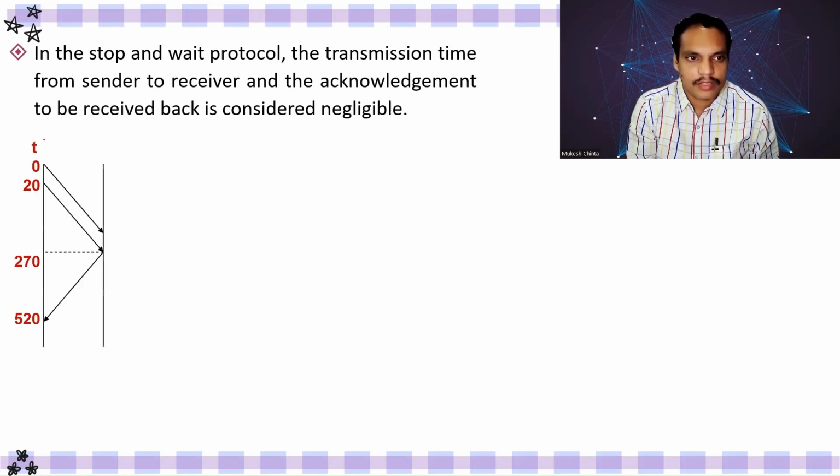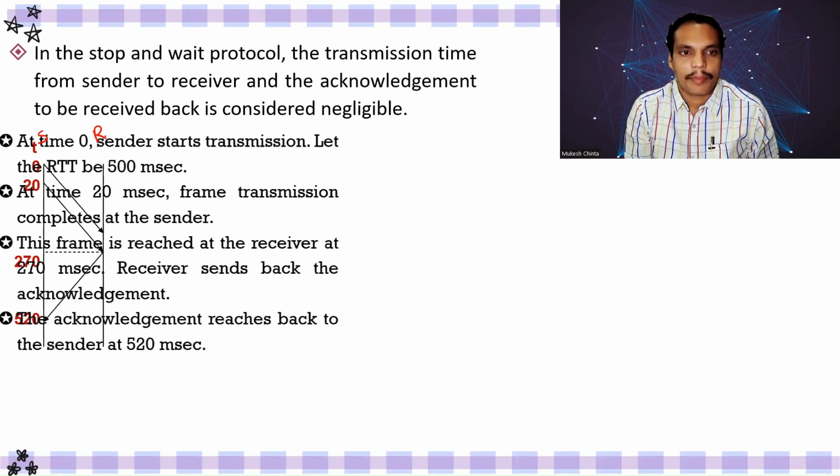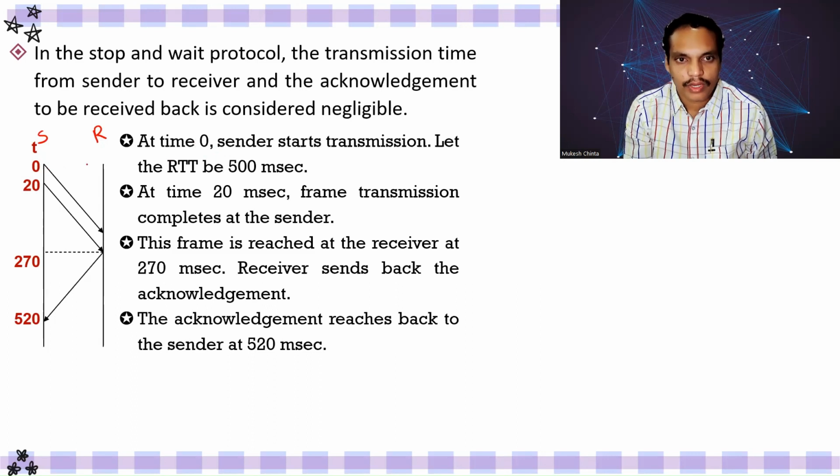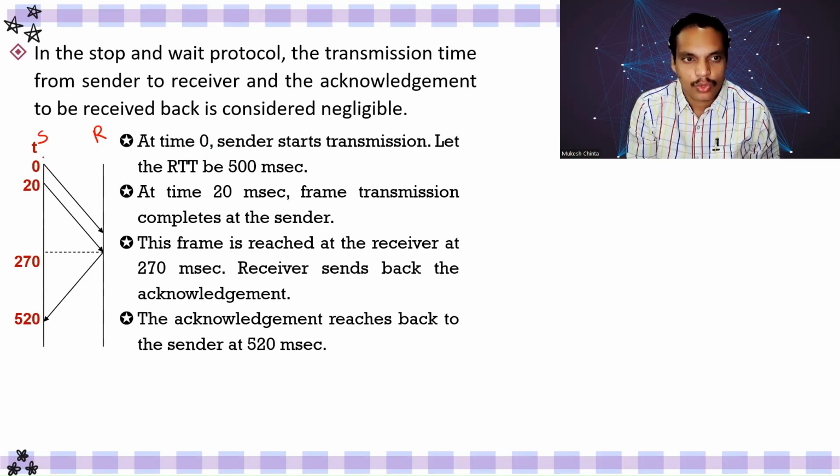So imagine that this is my sender and this is my receiver. At time 0, the sender starts its transmission. He has started sending a packet at time 0. The time taken for the sender to complete this transmission of the packet, that means to send the last bit of this packet, is 20 milliseconds.